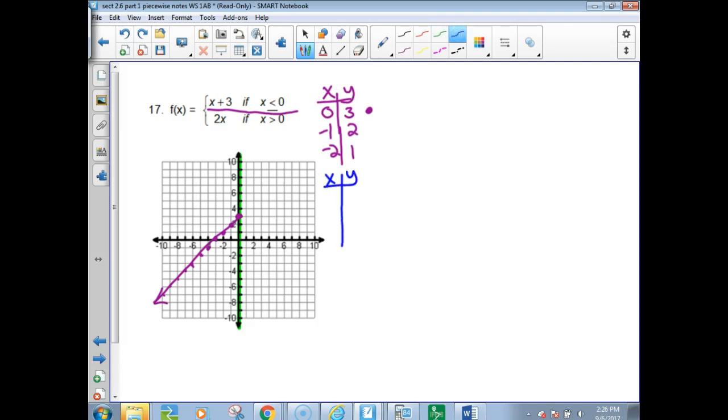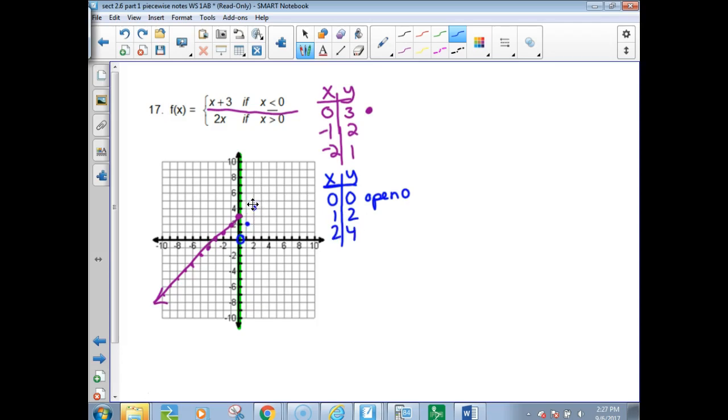All right, and then the second part, if I plug in 0, I get 0, and that's where my open hole is. So just make sure I can tell you meant for it to be open. Then 1, 2, 2, 4.